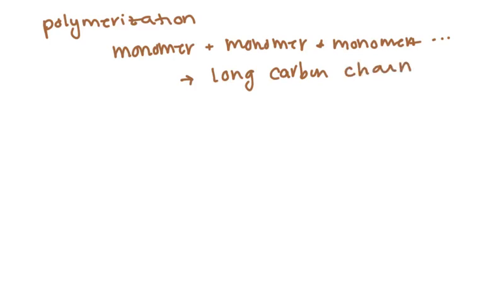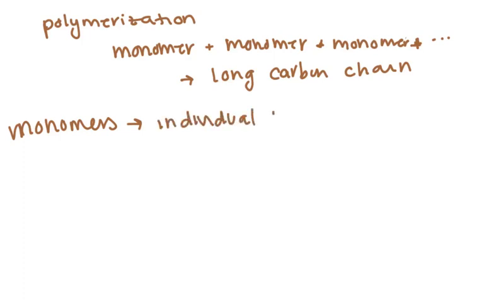And so they're all going to come together for these long chains. The amount of monomers that are added together, it could be quite large. So just know that this one, and again, remember monomers are our hydrocarbons. Right, so it's just many different hydrocarbons coming together to form a much larger carbon chain.